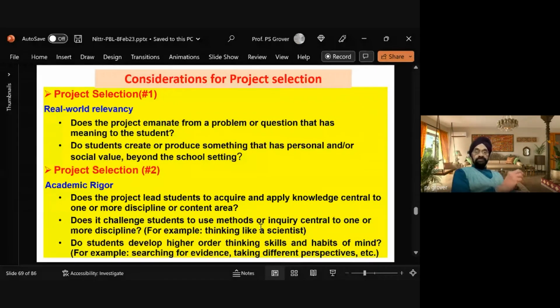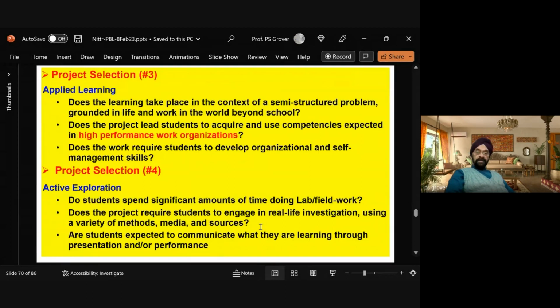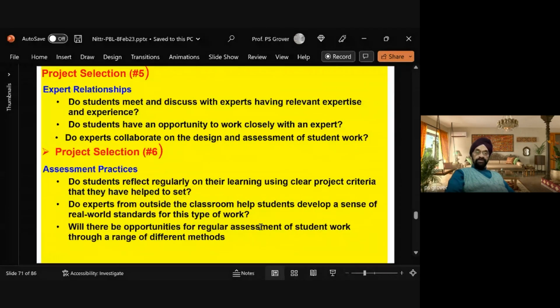Now, considerations for project selection. Please see here, when selecting the project, there should be real-world relevancy. It should have academic rigor. Then, depending upon which year it is, first year, second year, or school, applied learning, active exploration, expert relationships, and assessment practices.